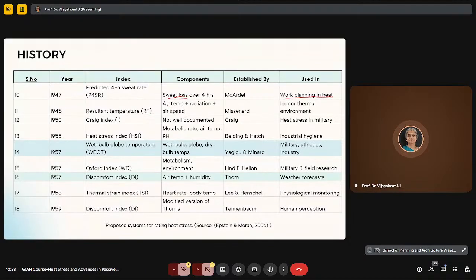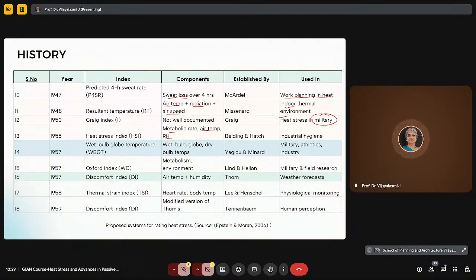Resultant temperature combines air temperature, radiation, and airspeed. Again, this can be used for indoor thermal environment. Then Craig index is not really well documented, but it is more for military purpose. Heat stress index is used for metabolic rate. It combines metabolic rate, air temperature, and relative humidity.